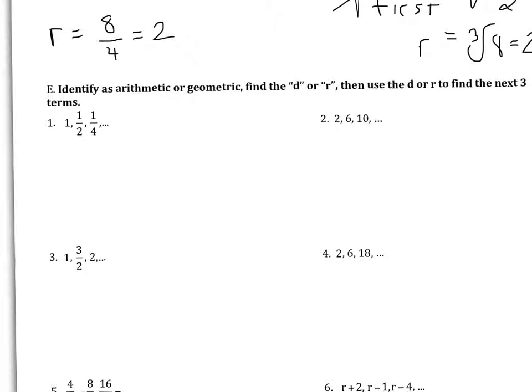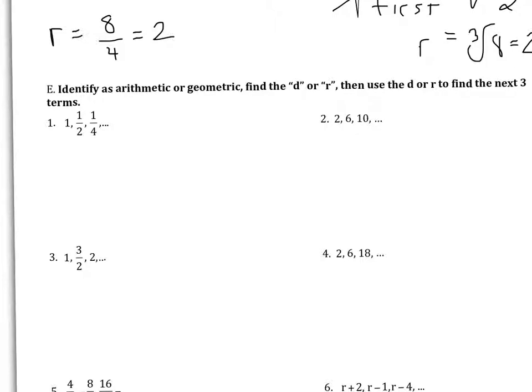So in number 1, going from 1 to 1/2 to 1/4. Going from 1 to 1/2, you're going down a half, and going from 1/2 to 1/4, you're going down a fourth. So that means this is not arithmetic. If I do 1/2 divided by 1, I get a half, and if I do 1/4 divided by 1/2, you would get 1/2.